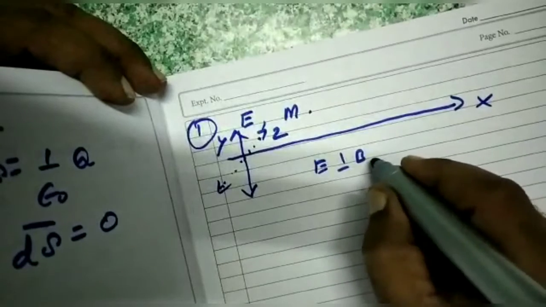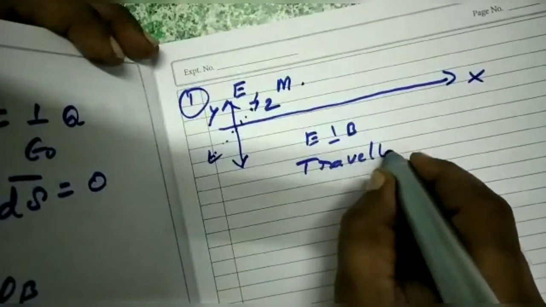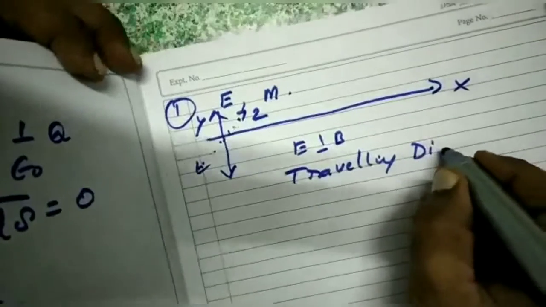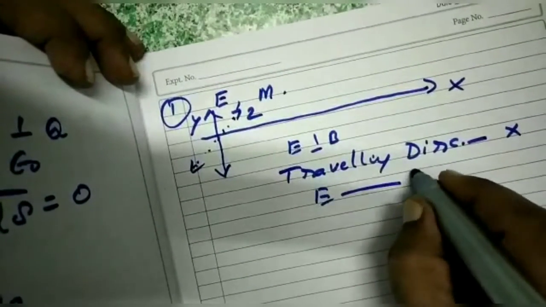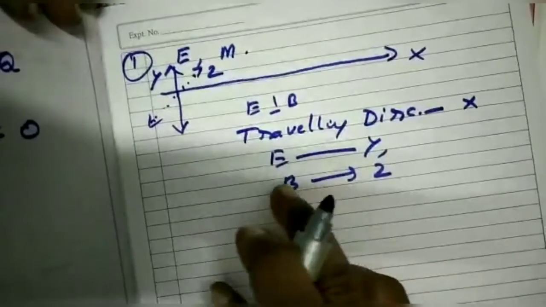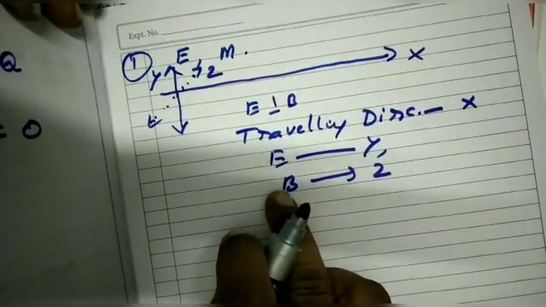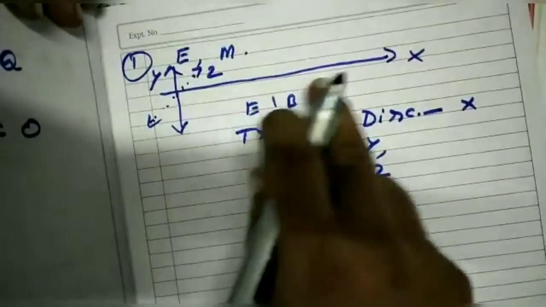The traveling direction is x, the electric field is along y and the magnetic field is along z. In that way, both fields are perpendicular to each other and they travel perpendicular to themselves, that is in x direction.